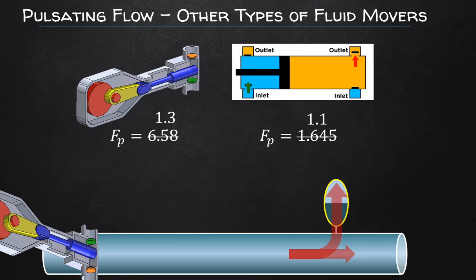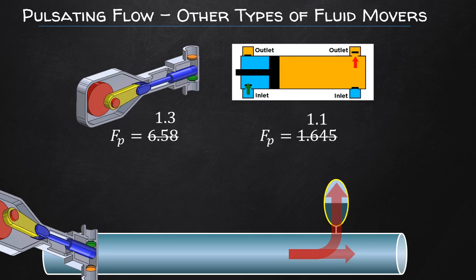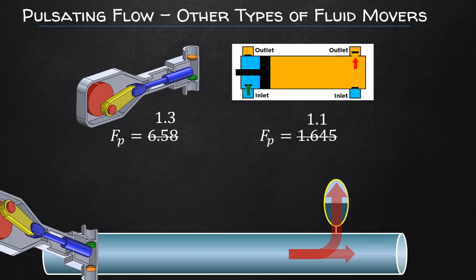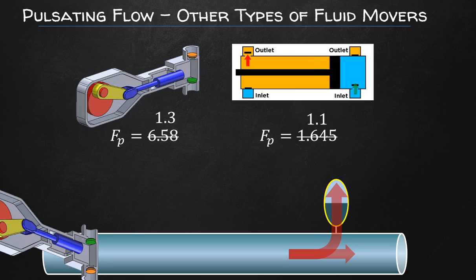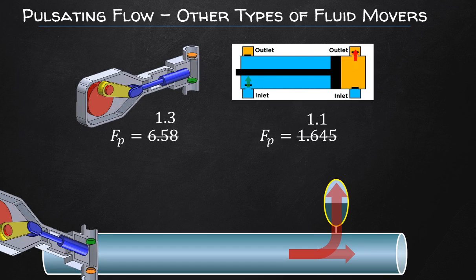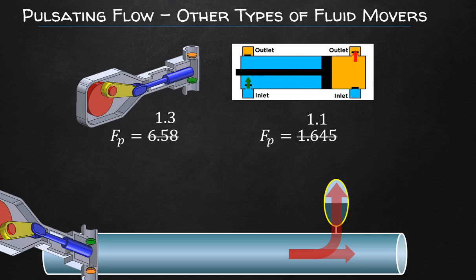Now, in this case, the safety factor that would be required for these designs, these piston pumps, double acting and single acting, reduces slightly as shown to the following values. And all this information is available in the textbook, so you don't have to learn it by heart.